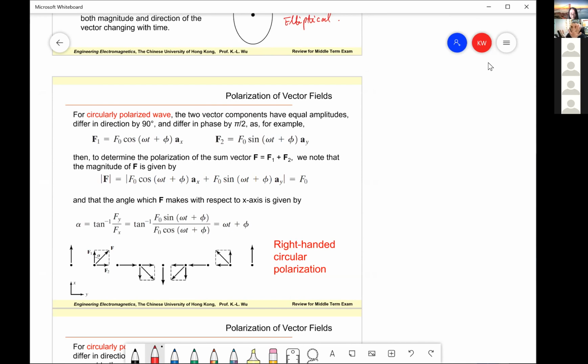Then we specifically discuss if we have two plane waves. Why is it called a plane wave? Because the phase, at a given time, is constant when z is constant, and z is the propagation direction.